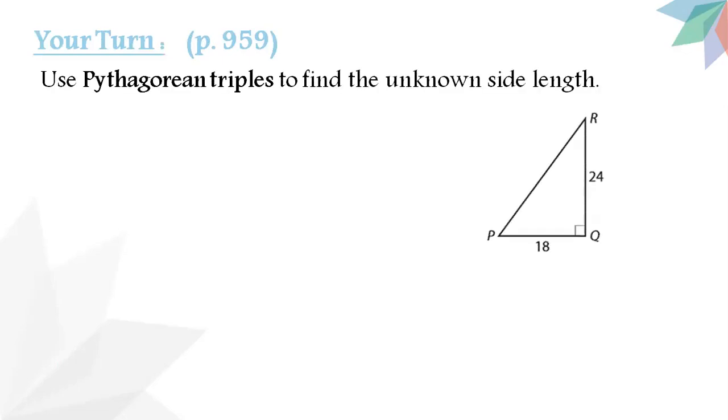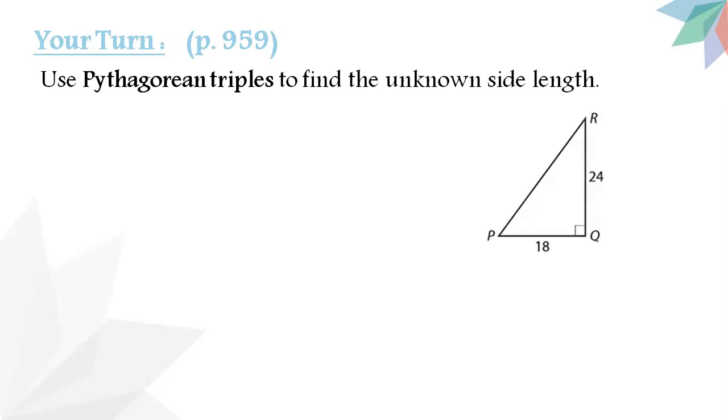Let's have a practice. Your turn, page 956, 959. Use Pythagorean triples to find the unknown side length. Here we have two legs, one is 18 and the other is 24. You shouldn't use the Pythagorean theorem.